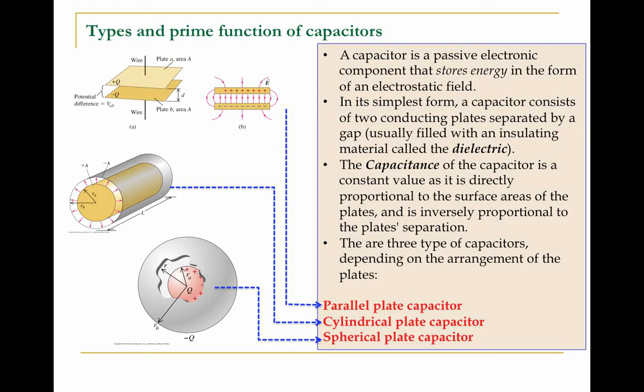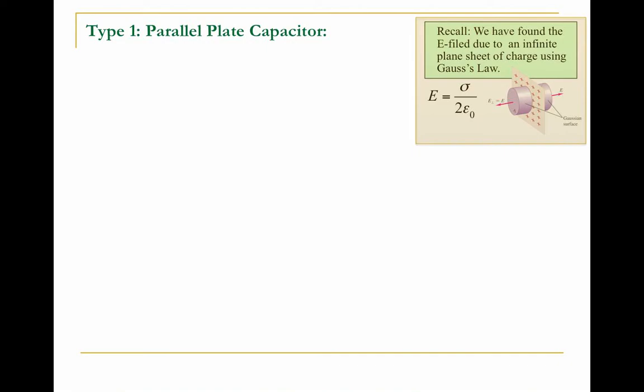All right. So let's talk first about type number 1, the parallel plate capacitor. If you recall, using Gauss's law we calculated the electric field due to a sheet carrying some surface charge. For a positive surface charge, E is equal to sigma, the surface charge, divided by 2 epsilon naught.